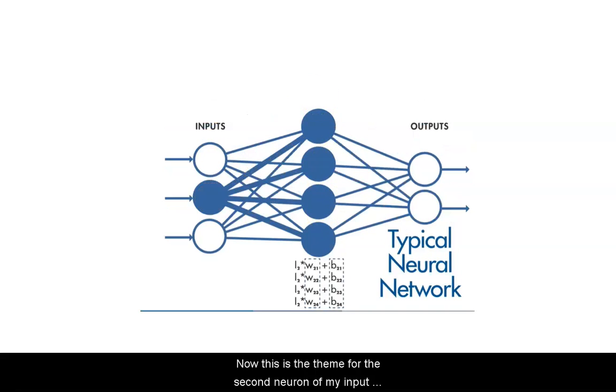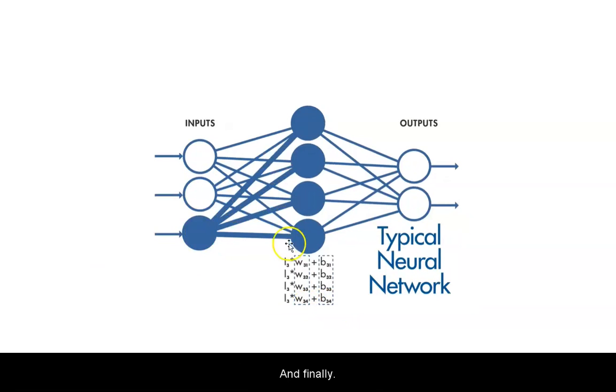This is the same for the second neuron of my input layer, where we have I2 into W21 plus B21, then W22 plus B22, W23 plus B23, and similarly W24 plus B24.